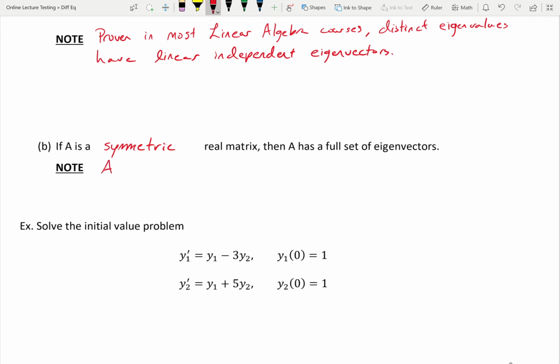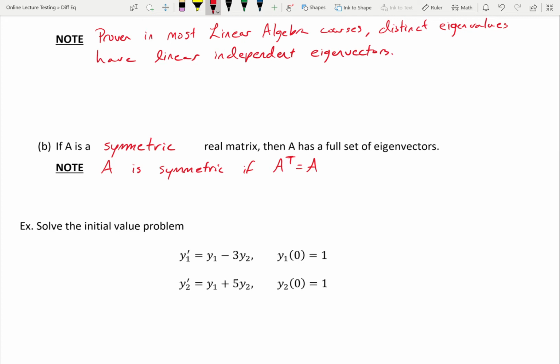So A is symmetric if A transpose is equal to A. So if you flip everything, we're going to do a reflection really about the diagonal, transposing rows with columns and columns with rows is what happens for a symmetric real matrix. So if that's the case, that's the other cool part, if we can identify a symmetric matrix, then A has a full set of eigenvectors.